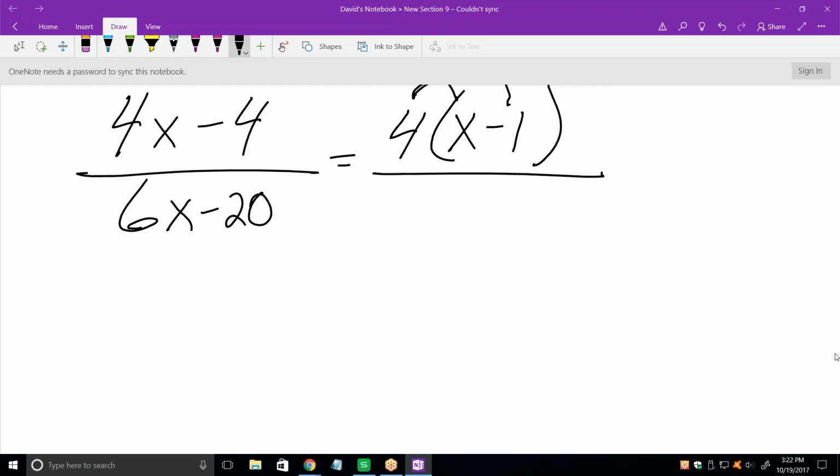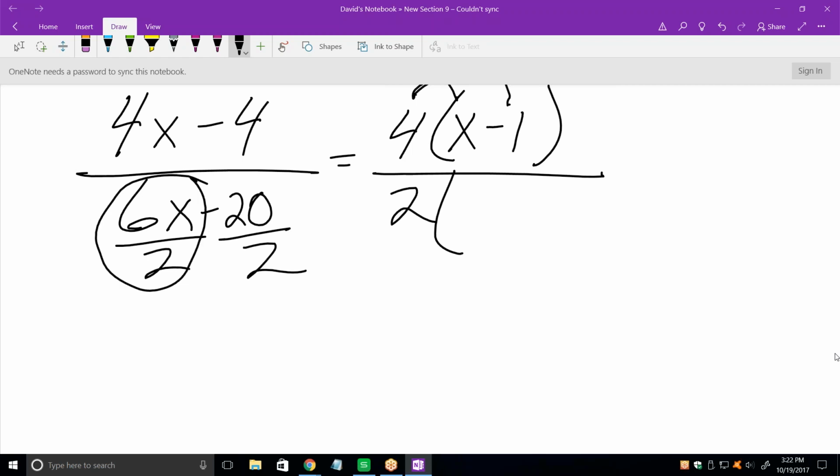What's the greatest common factor out of the bottom? Would it be 2? Leaving 3x minus 10. Here's what you do. When you figure out your greatest common factor, you divide both terms by that. That's what you're left with. What is 6 over 2? 3x. Now what's 20 over 2? 10.